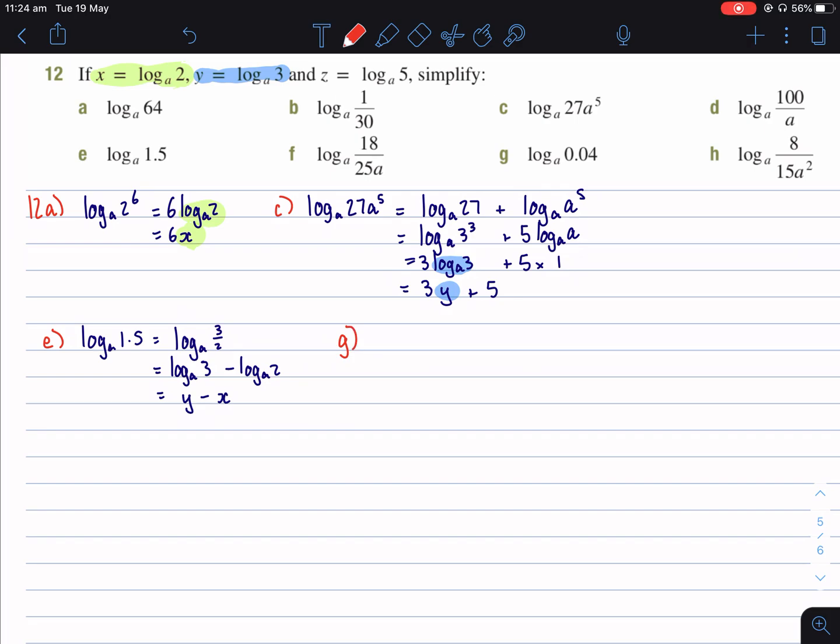FG, and now we've got log base A of 0.004. Oh, 0.04, sorry. So that's the same as 1 over 400, so I'm just going to write it like that first.